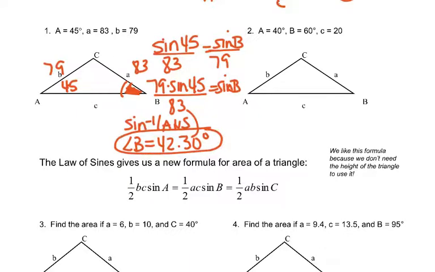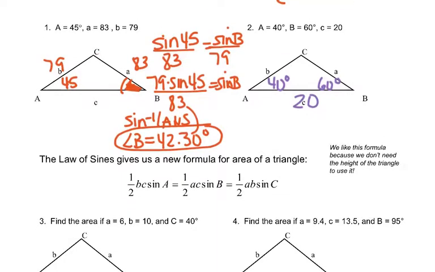The next one is a little bit easier, I think, when they're trying to find a side. So angle A is 40 degrees, angle B is 60 degrees, side c there is 20. So the first thing I've got to realize is those angles add up to 100, so my leftover angle C there would be 80 degrees.